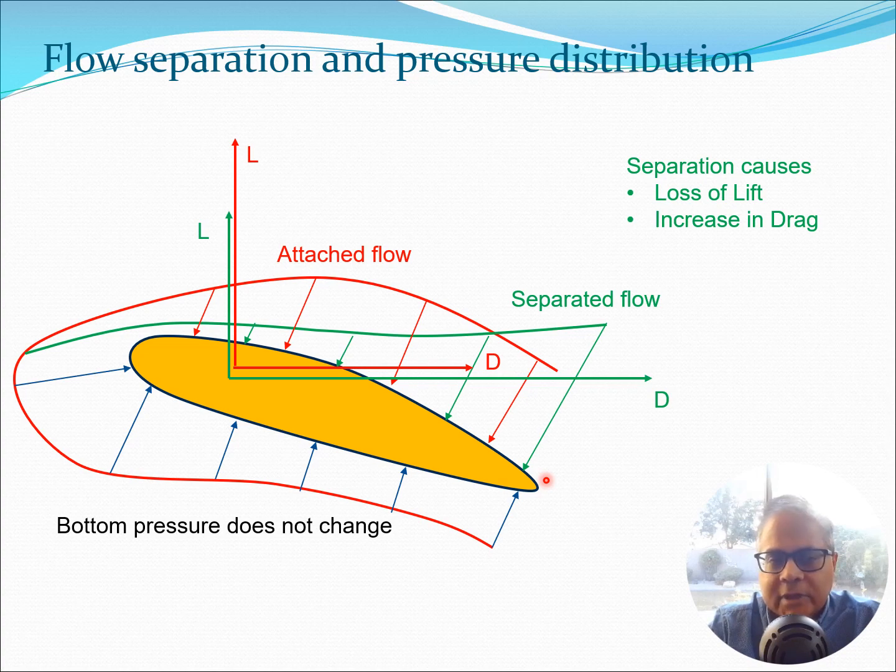The attached flow situation has a higher lift and a lower drag, but the separated flow situation has a lower lift and a higher drag. This is basically caused by the kind of pressure distribution you get because of the separated flow. Both these things are deleterious as far as any flight vehicle is concerned. You are getting loss of lift and increase in drag, none of which you would like in any situation. So these are the negative effects you get because of flow separation.